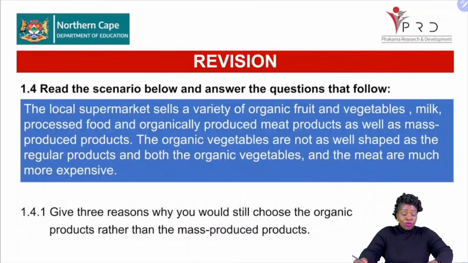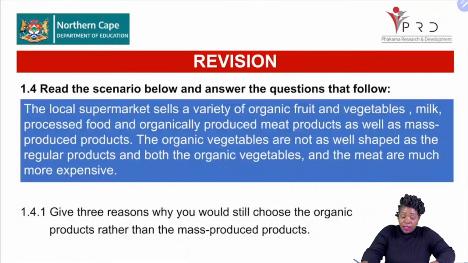Right, we move on to question 1.4. It says, read the scenario below and answer the questions that follow. I will read the scenario to you, learners. It says, the local supermarket sells a variety of organic fruits and vegetables, milk, processed food, and organically produced meat products, as well as mass-produced products.